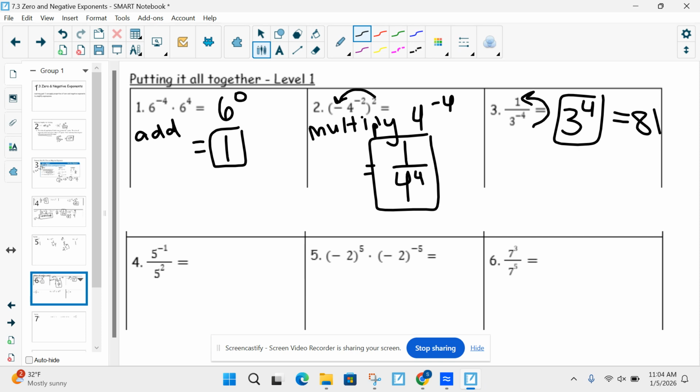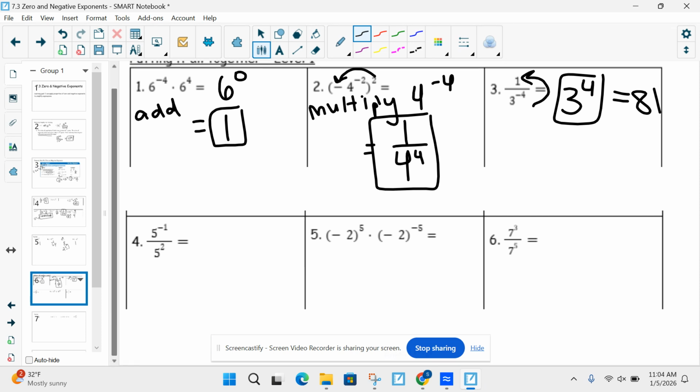Okay, so for number 4, you see how you have a negative exponent with the 5. That means that we need to bring it down to the denominator. So 1 over 5 to the first times 5 to the second. Since there are already 2 5s in the denominator and we're moving the 1 5 down, how many 5s do we have in the denominator now?